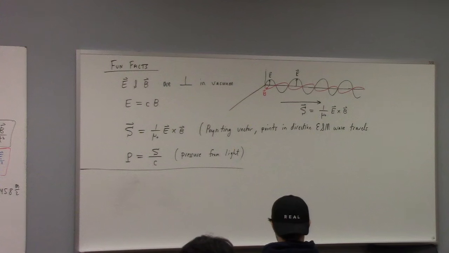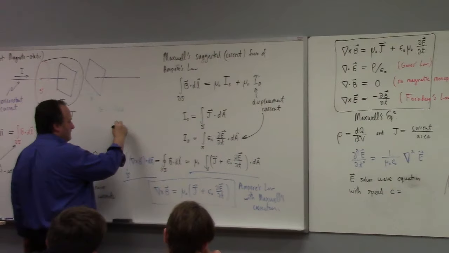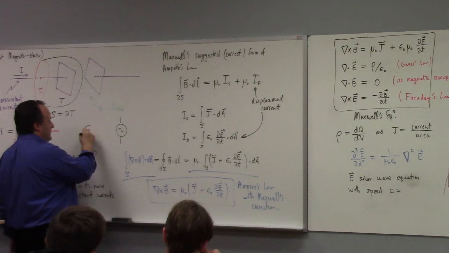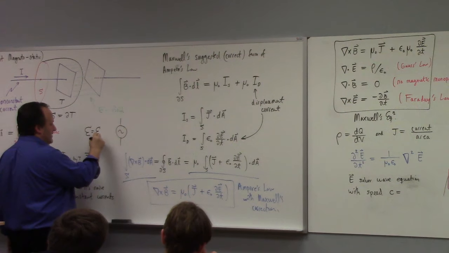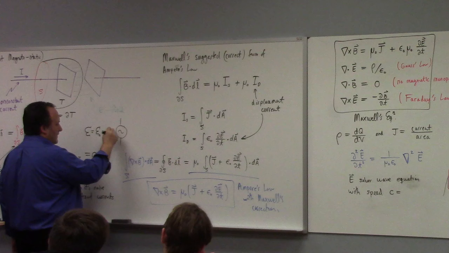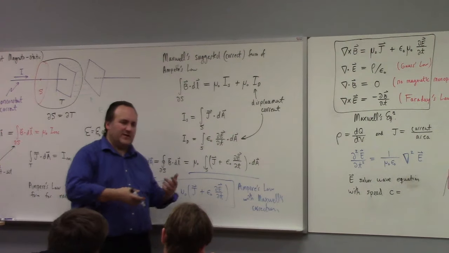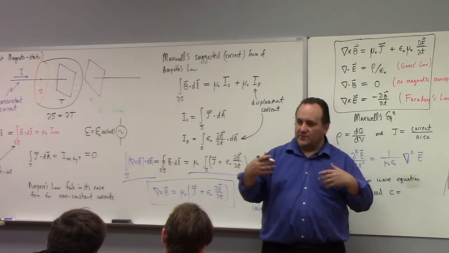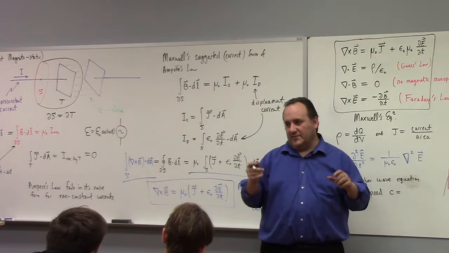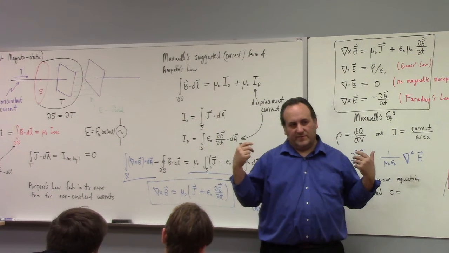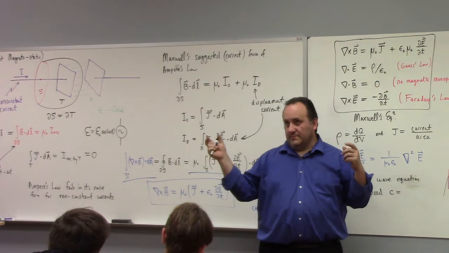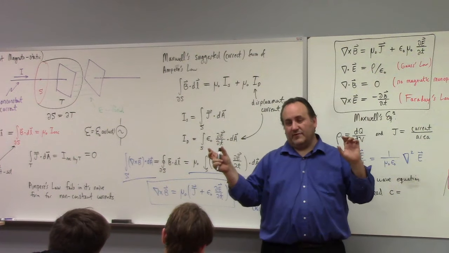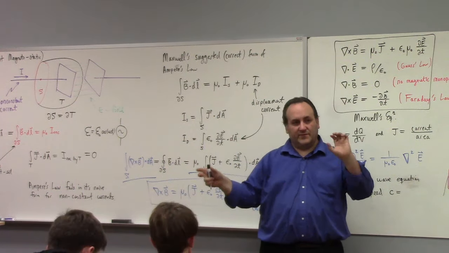But the point is just this. If your voltage has the form like E naught cosine omega t, and I look at that equation, the cosine terms cancel out, and I'm just left with a multiplicative relation between the voltage in the primary and the voltage out.